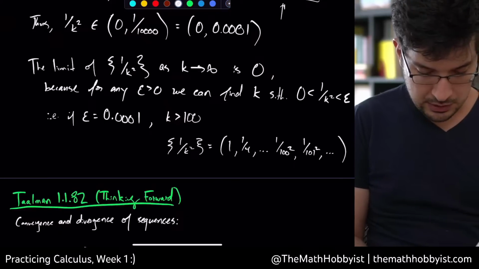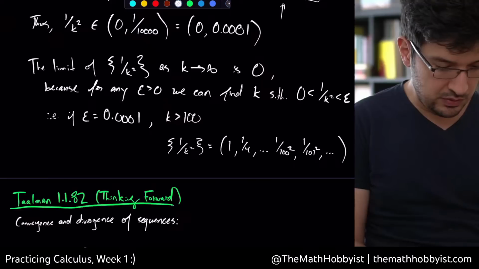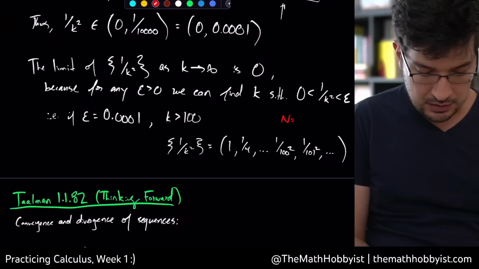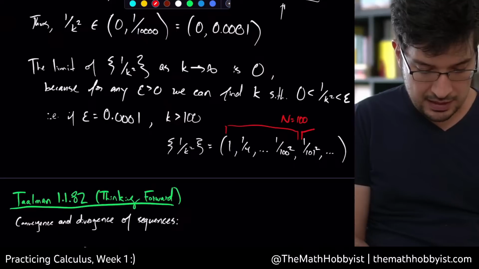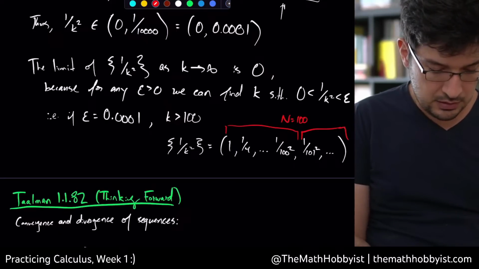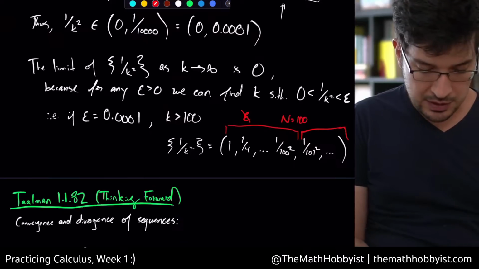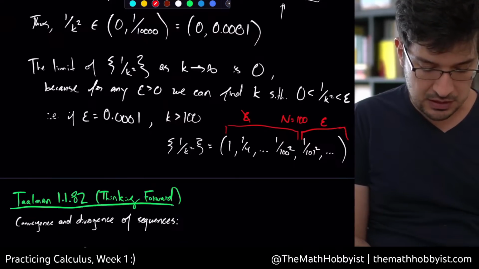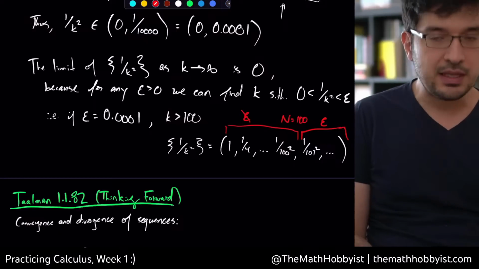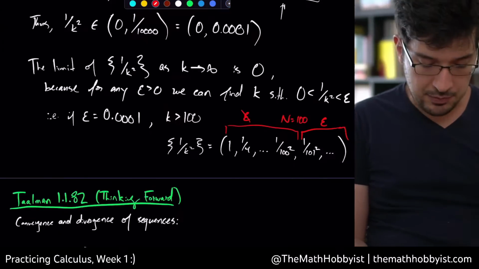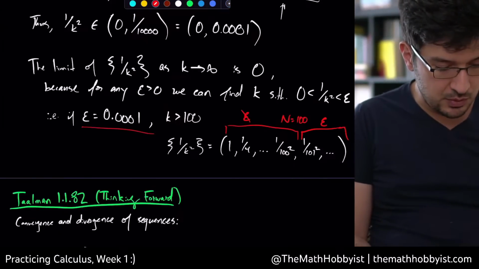If we think back to our Cauchy sequences and whatnot, the sequence definition of a limit here: everything before that nth term, 100, does not satisfy the precision of epsilon that we wanted, but then forever after, every term in the sequence is going to be within that approximation tolerance that we're looking for, epsilon being 0.0001.